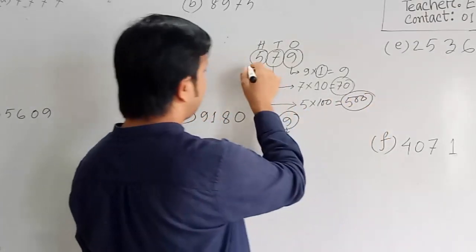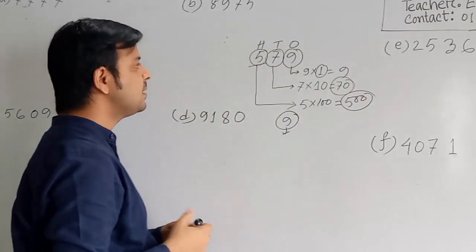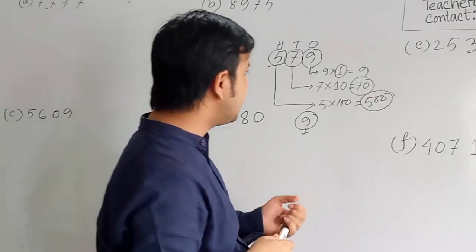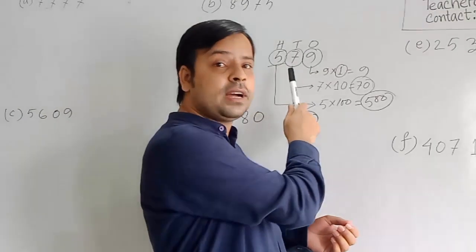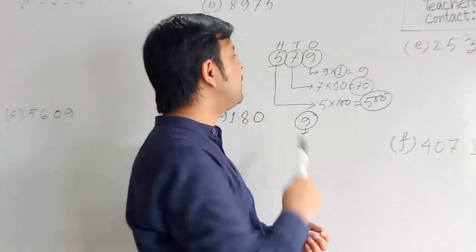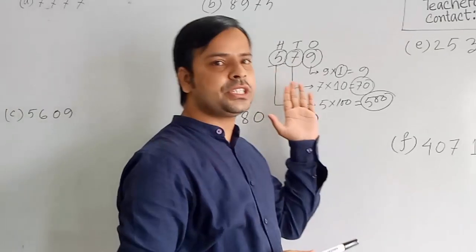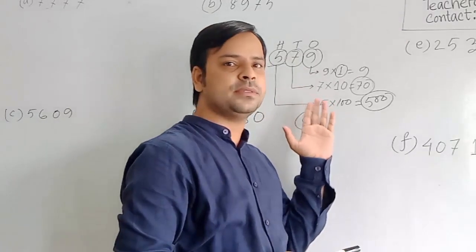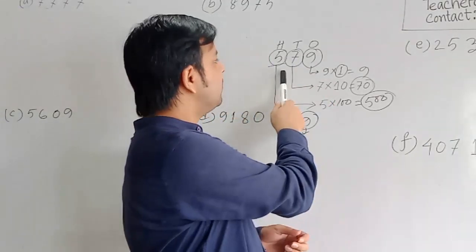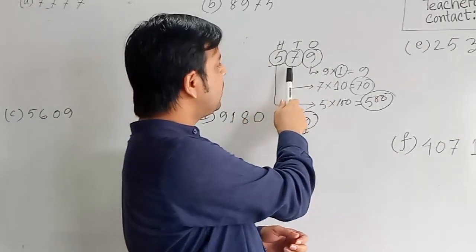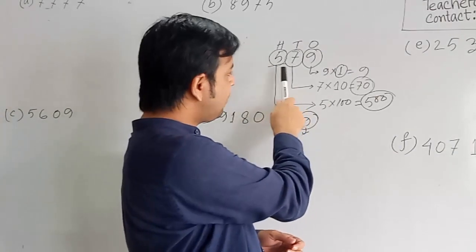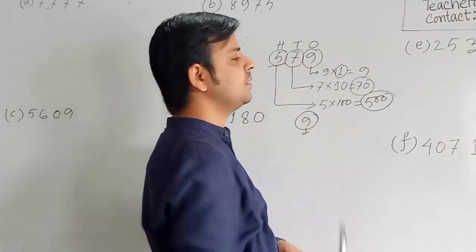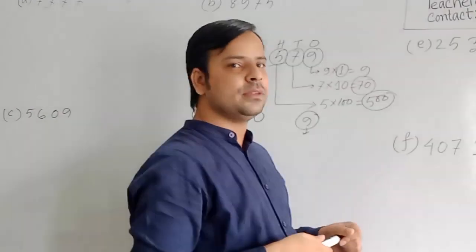So the value of 5 in this number is 500. It means that the value of a digit in a number according to its position is known as place value. Again, what is place value? The value of a digit in a number according to its position is known as place value.